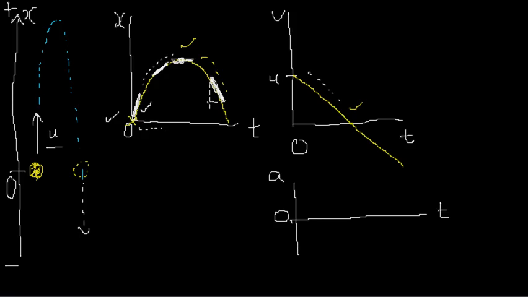So if I say that number, when I plot it on the graph, has a value somewhere there, then as time passes, because this is a straight line graph, the gradient stays the same. So as time passes, I have the same negative gradient, and therefore the acceleration time graph looks like this.